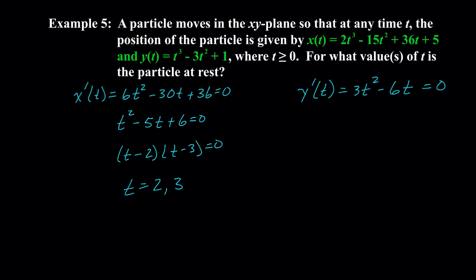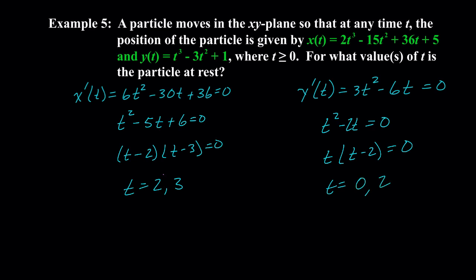All right, so if we do the same thing over here, we can divide the whole equation by 3. That's going to give us t squared minus 2t is equal to 0. Factor out a t, which means t is equal to 0 or positive 2.